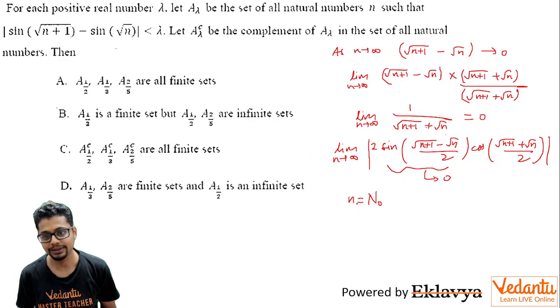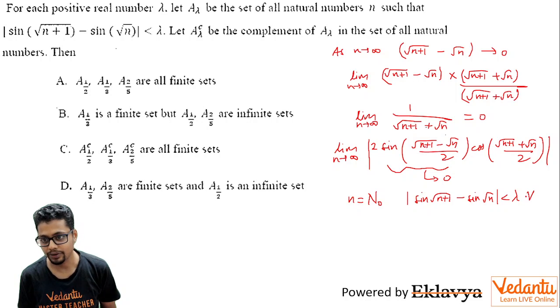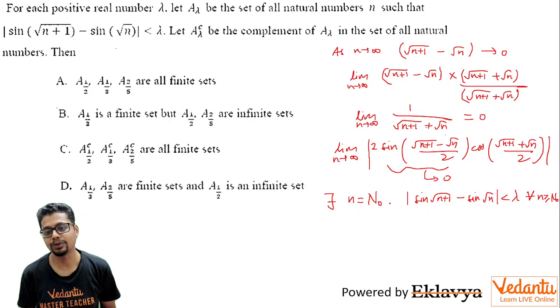So there will always be some natural number n naught for which the modulus of sine of root n plus 1 minus sine of root n is less than lambda for all n greater than or equal to n naught, or you may say greater than n naught, doesn't matter much.